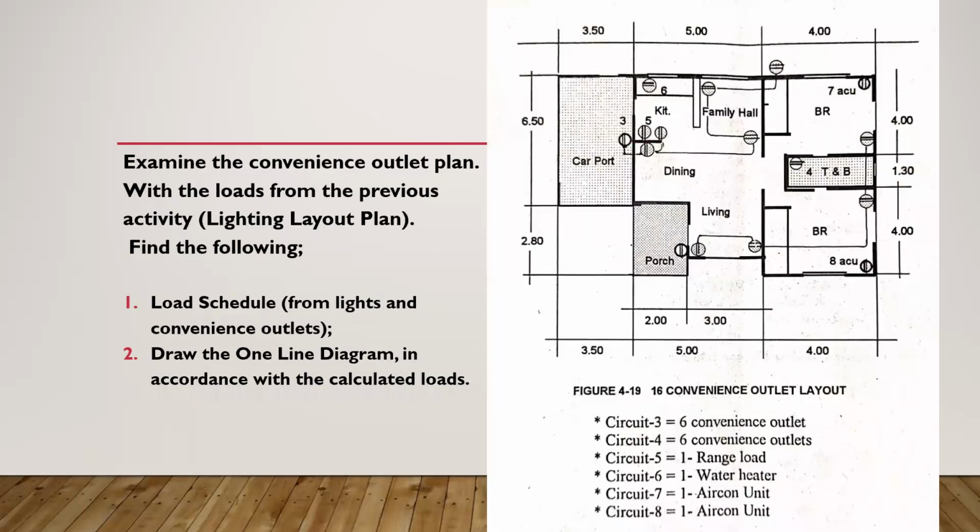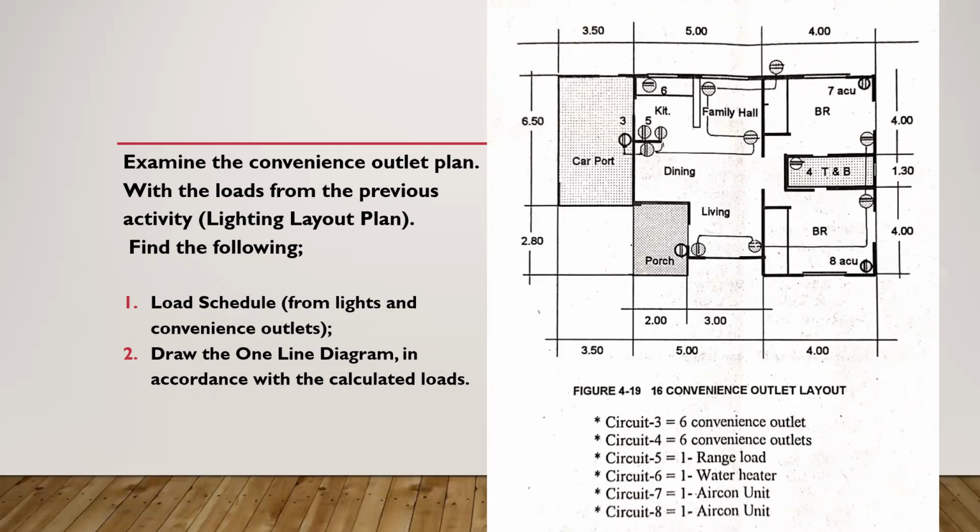Okay. So here, continue natin yung ating computation para sa convenience outlet plan. So we will examine the convenience outlet plan here with the loads from the previous activity, yung ating lighting layout plan. We will find the following.